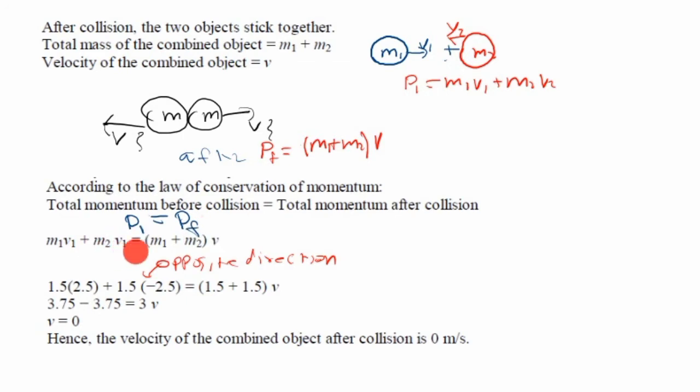Now let's apply the results to the calculations. 1.5 times 2.5 plus 1.5 times minus 2.5, because of the opposite direction, equals (m1 plus m2) times v. 3.75 minus 3.75 is going to be 3v. So v is going to be 0. That means the momentum is cancelled out by each other. It's really simple to understand.